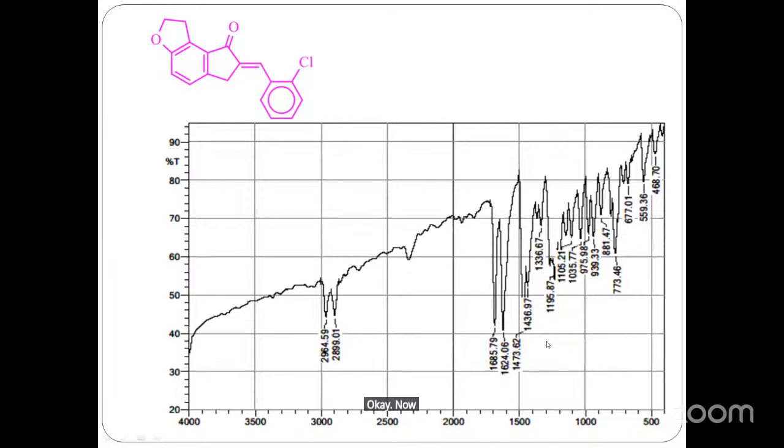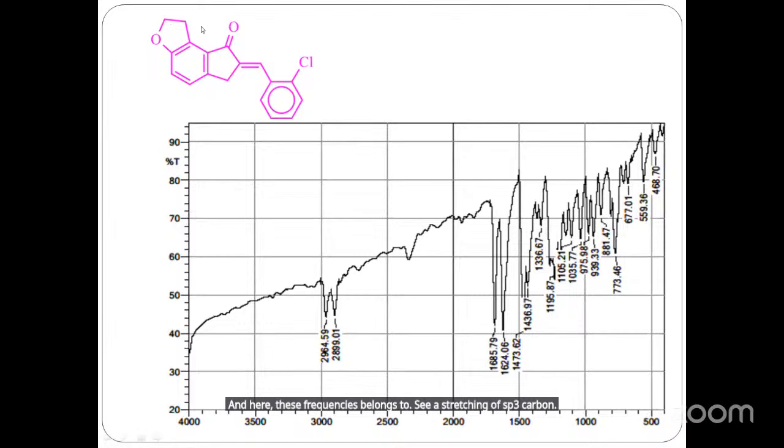Now, again in this compound, you can see the carbonyl frequency is at 1685. Can you see the frequency at 1685? You can see it here. And here, these frequencies belong to CH stretching of sp3 carbon.